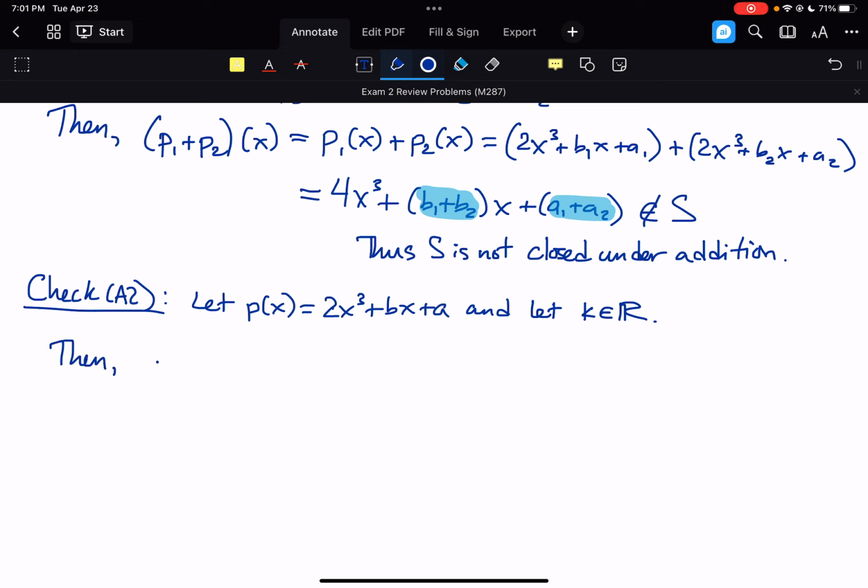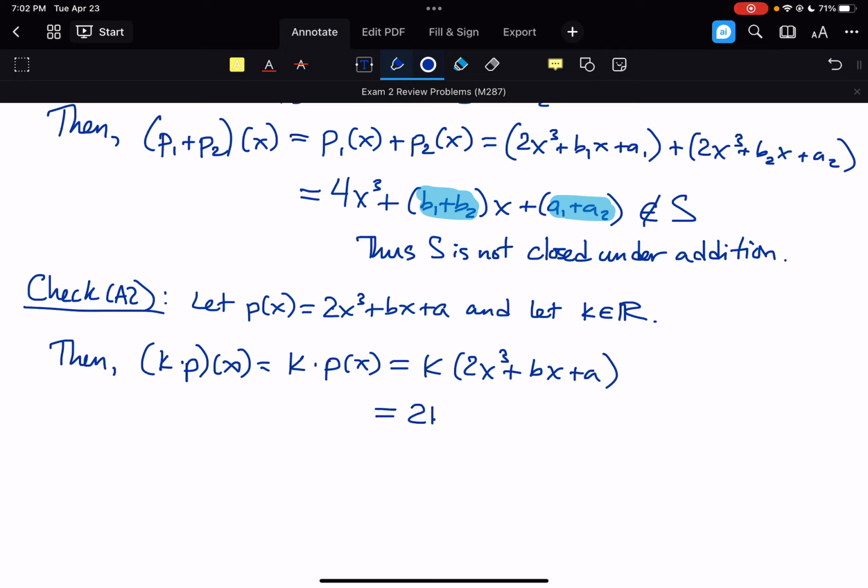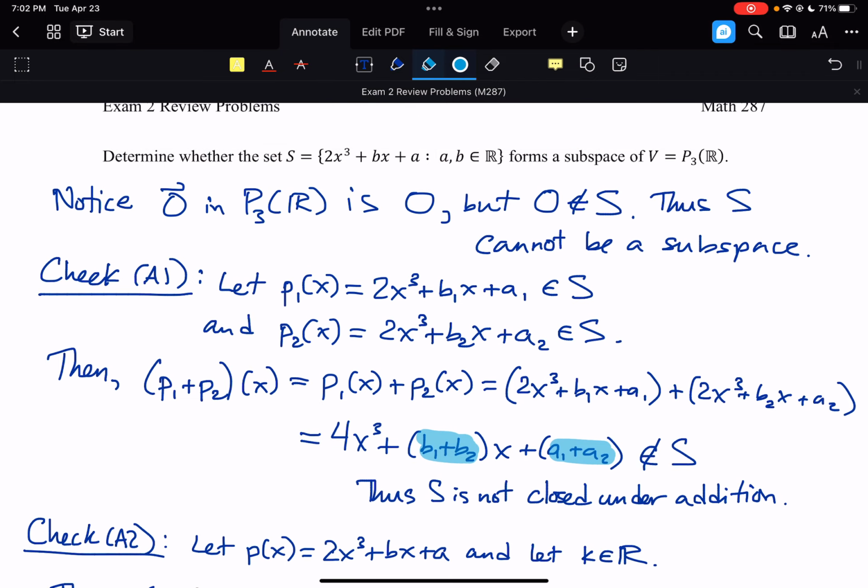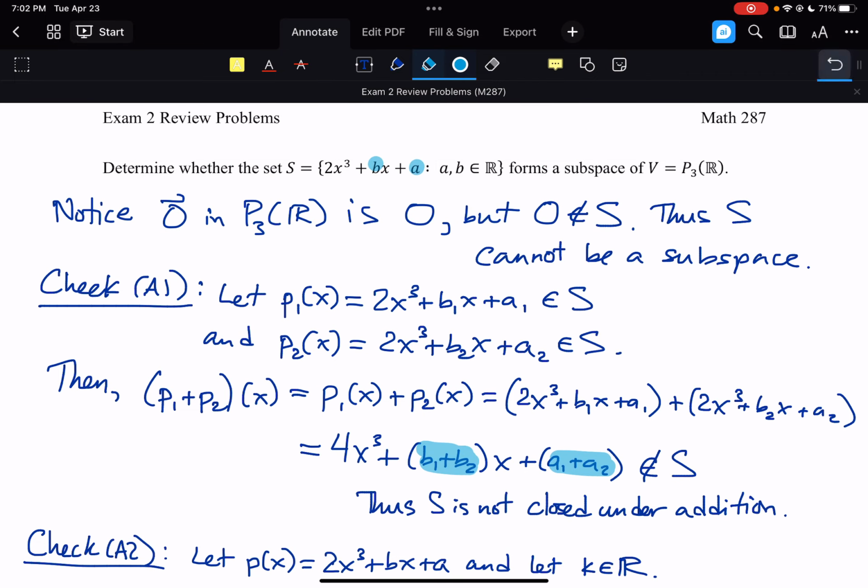Then, if we take k times p of x, that's k times 2x cubed plus bx plus a, which equals 2k x cubed plus kbx plus ka. And we have a similar problem happening here. kb and ka are fine, so those are still just all scalars, so those still match the form.